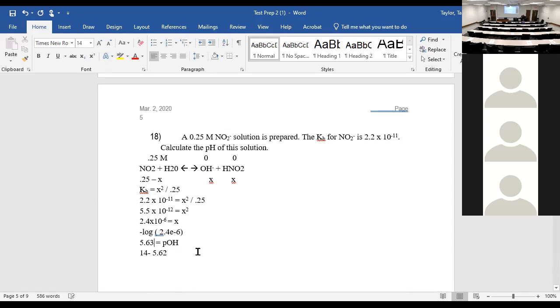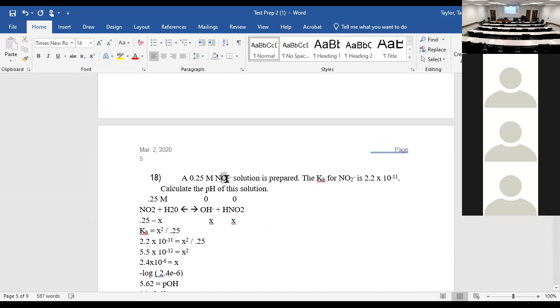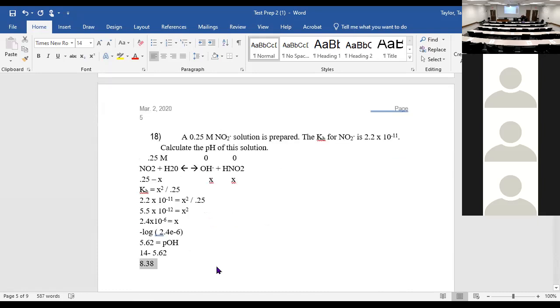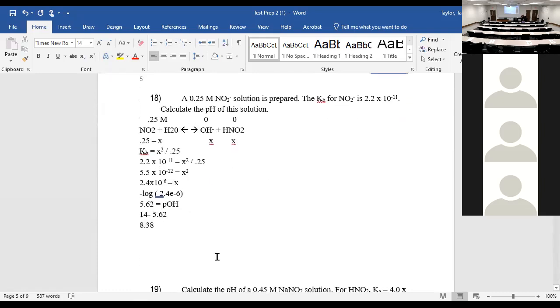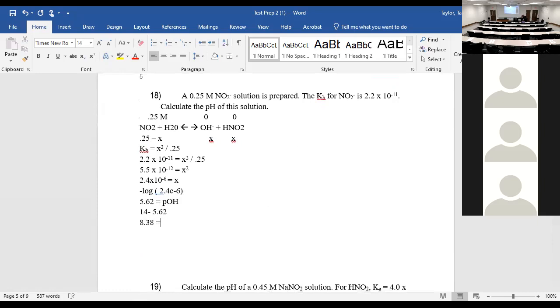So 14 minus 5.62 is equal to 8.38. And we know we started with a base and our pH is higher than 7, so we know we're in the right ballpark, and that's the way we check our answer. And that is equal to the pH. And that's how you solve for that.